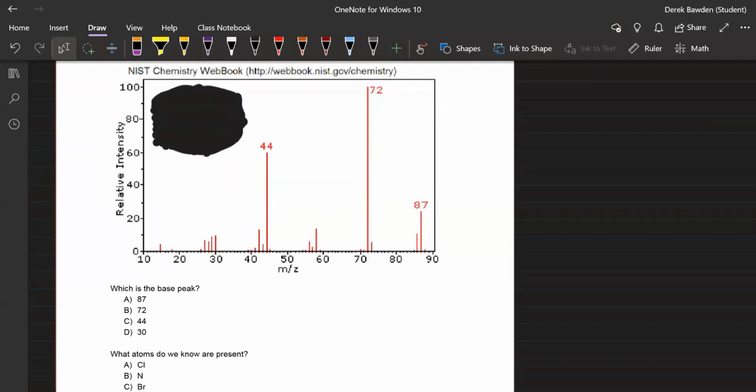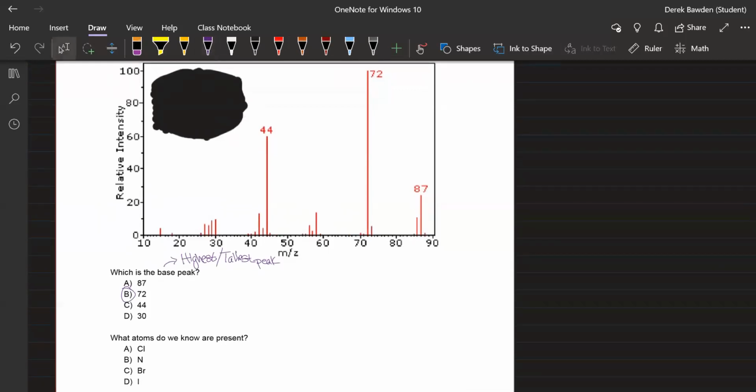What is our base peak in this graph? 72. Perfect. So our base peak is always the highest or tallest peak. All right. So our next question is, what atoms or atom do we know is present in this molecule?